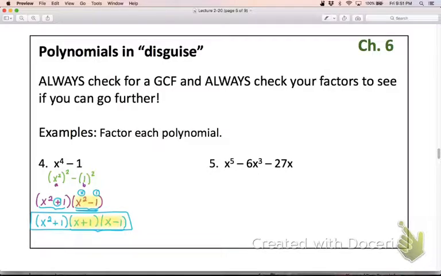Looking at number 5, I noticed first that there is a greatest common factor. So I'm going to start by factoring out an x. That gives me x to the 4th minus 6x squared minus 27. And you may notice there that x to the 4th is even.